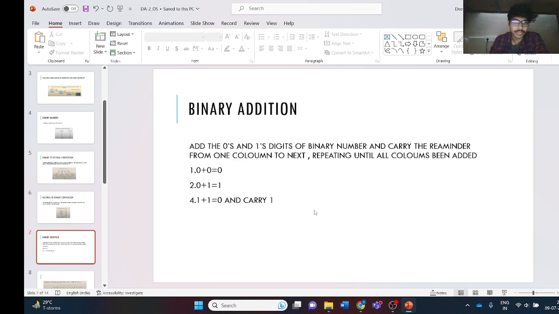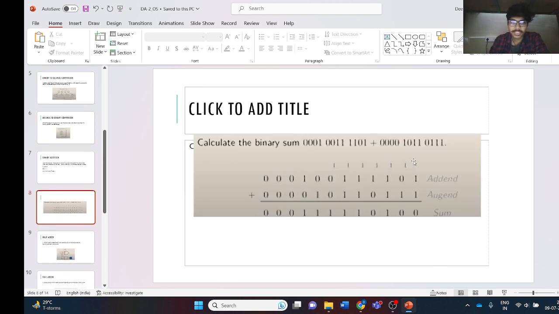Next, binary addition. Binary addition follows four conditions. 0 plus 0 equals 0, 0 plus 1 equals 1, 1 plus 0 equals 1, and 1 plus 1 equals 0 and a carry. So this is an example of a binary sum.